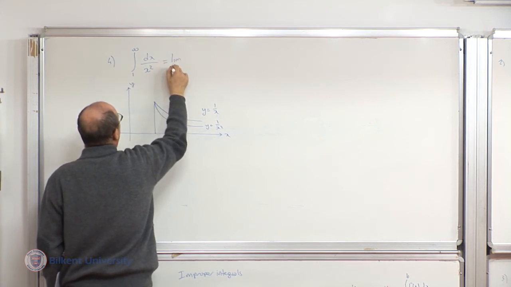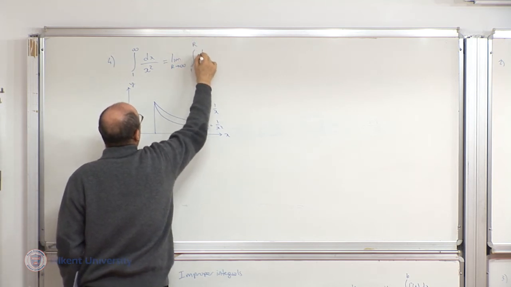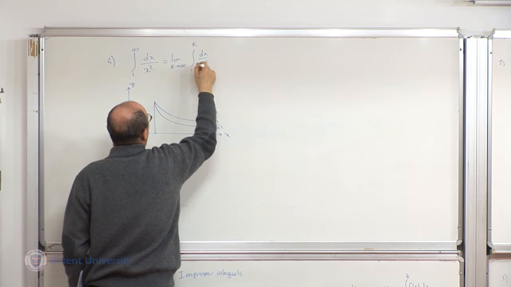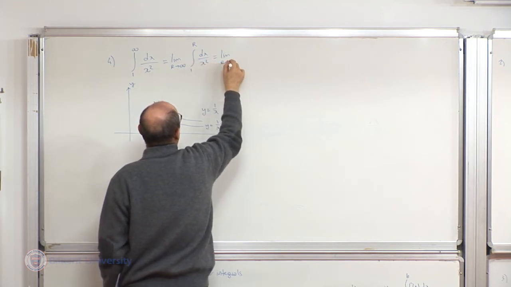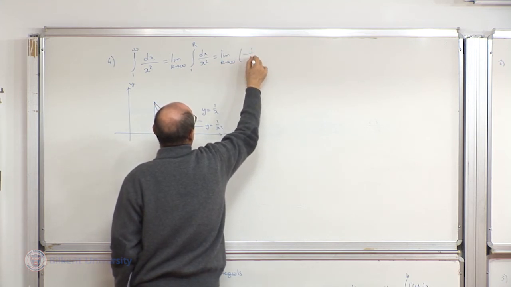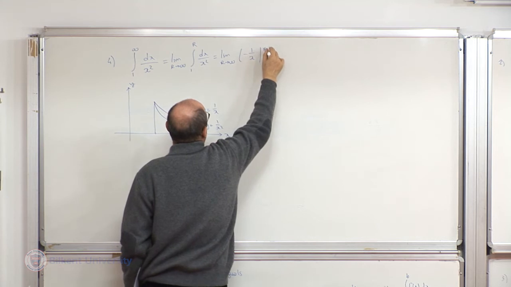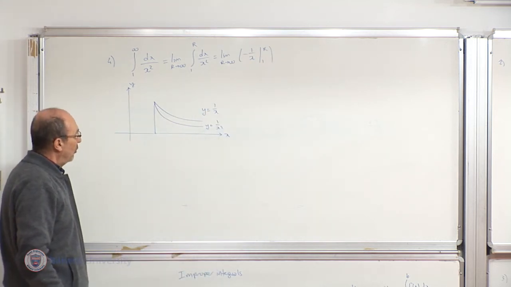So limit as r goes to infinity, integral from 1 to r of dx over x squared. This thing we can handle. Limit as r goes to infinity of minus 1 over x from 1 to r. If I take the derivative of this, I get 1 over x squared.